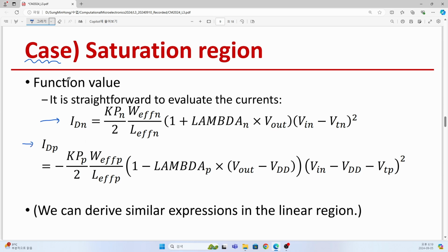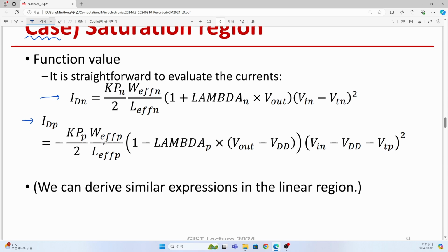Wow, it looks quite complicated. However, as you can see, it has a certain dependence on V out, and also here it has the dependence on V out. So taking the partial derivative with respect to V out is quite straightforward.